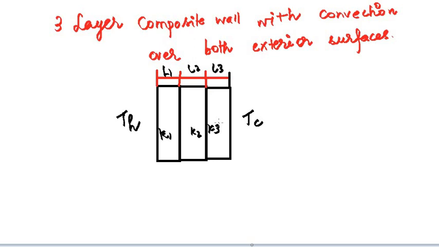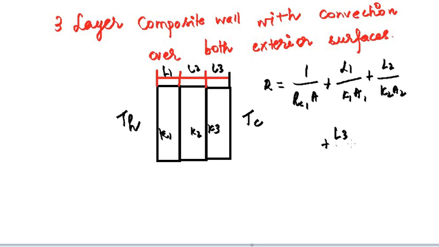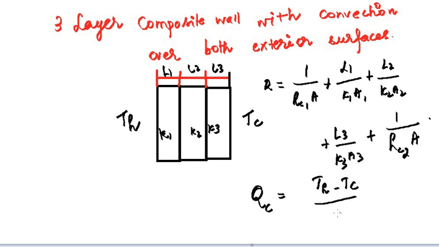The overall heat resistance offered by it will be R equals 1 by Hc1 A plus L1 by K1 A1 plus L2 by K2 A2 plus L3 by K3 A3 plus 1 divided by Hc2 A. This is the overall resistance offered by the material, and the heat transfer is given by Th minus Tc divided by R. This can also be written as U A into Th minus Tc.